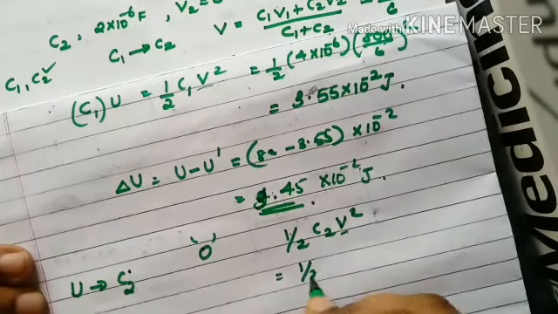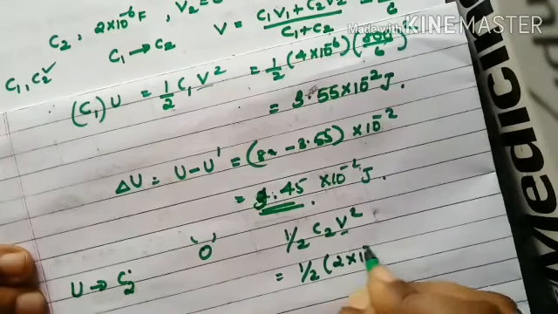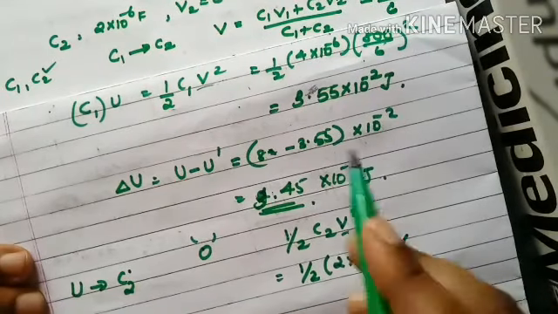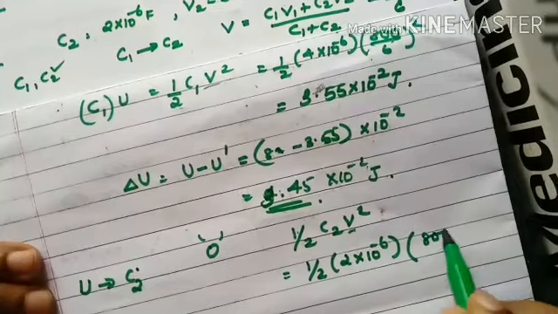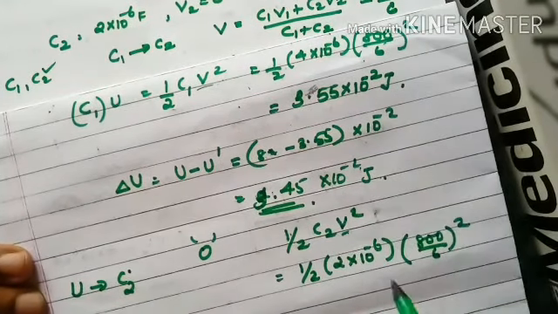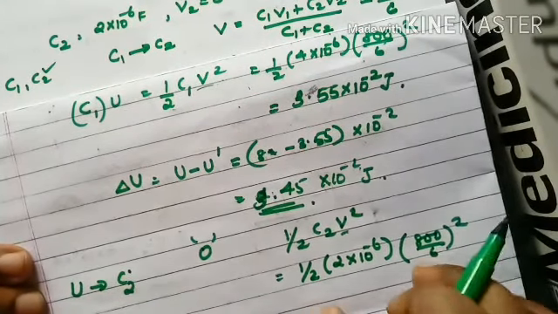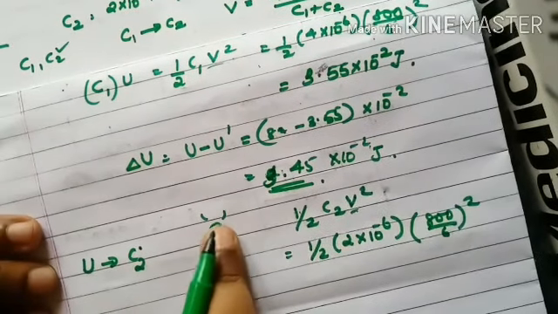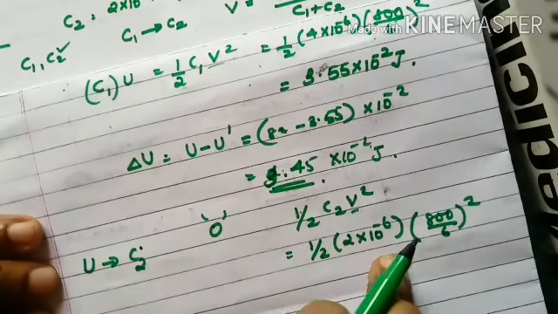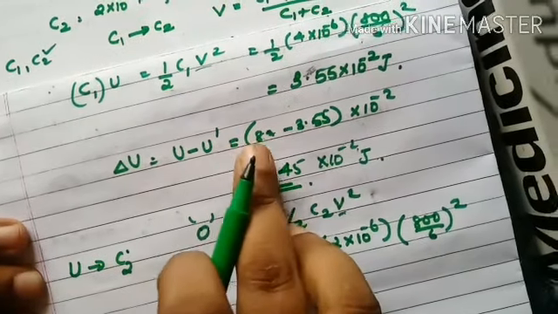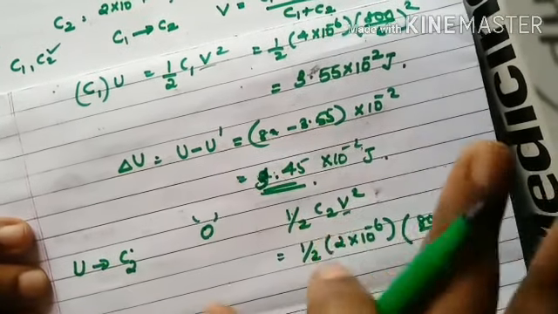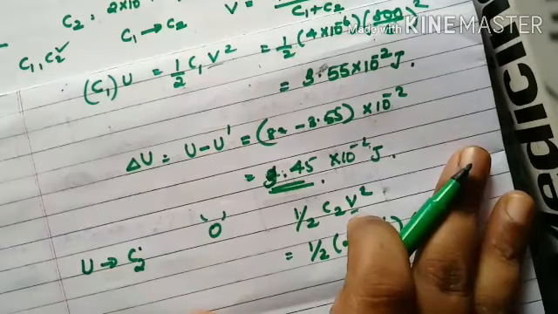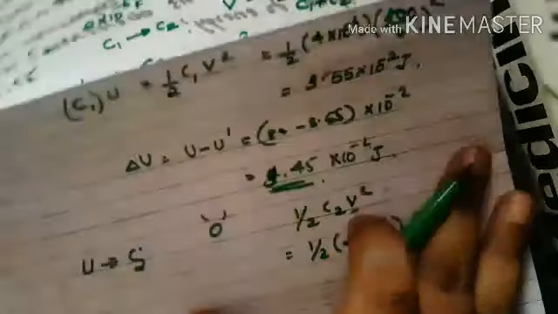That is half into 2 into 10 to the power minus 6 into 800 by 6 whole square. You can find the calculation. So C2 has increased its energy from 0 to this value, whereas C1 has lost energy from 8 to 3.55. This much is clear. We'll go for the next problem, guys.